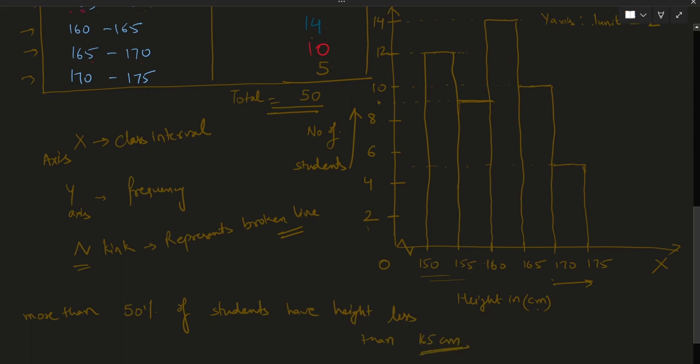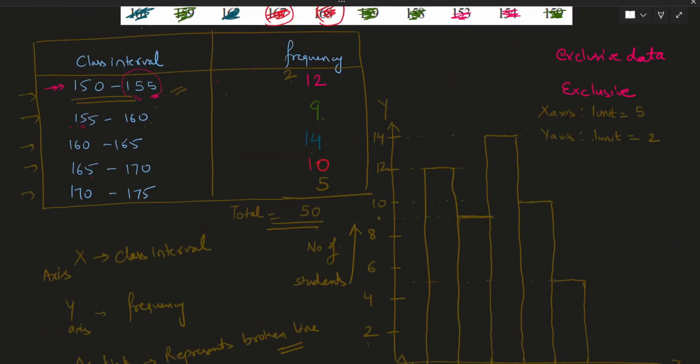One data is like that, yes or no? Because if you count below 165, it's 12, 9, 14. So 35 students have height less than 165.